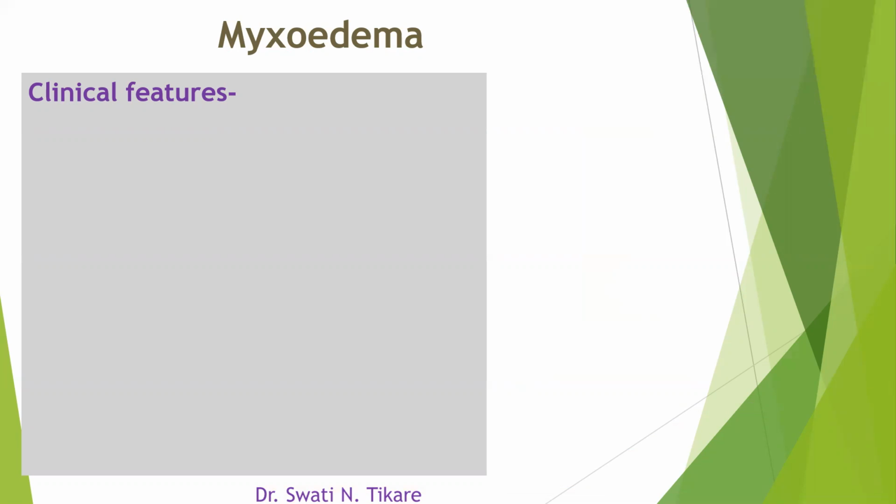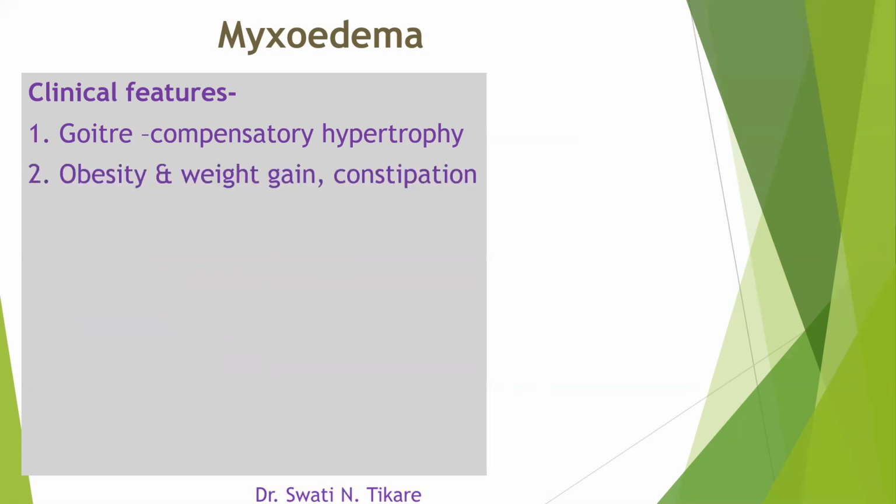Okay, so coming to the clinical features of myxedema. First thing, there may be a goiter. Okay, compensatory. Already there is a decreased T3, T4 level, and TSH is trying to stimulate somehow. So there is a compensatory hypertrophy. So there is a goiter most of the time. Okay, myxedema.